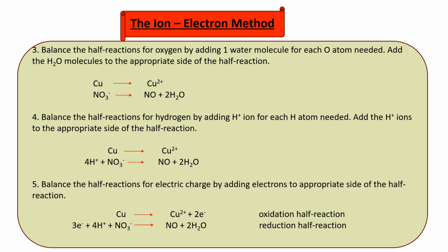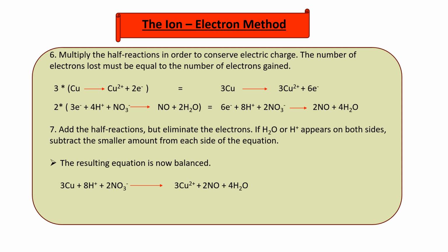Our fifth step is balance the half reactions for electric charge by adding electrons to the appropriate side of the half reactions. In the next step, multiply the half reactions in order to conserve electric charge. The number of electrons lost must be equal to the number of electrons gained. In our seventh step, add the half reactions but eliminate the electrons.